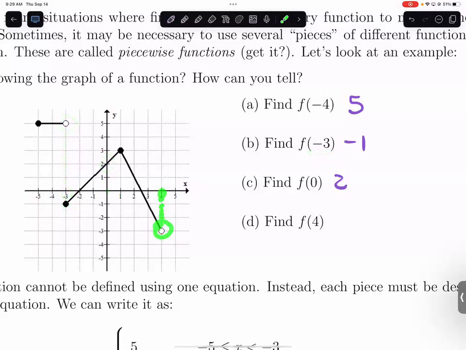Again, if I go stand at 4 and all I'm allowed to do is look straight up and straight down, that open point doesn't exist just under me at 4. I see it over there, but not the spot where I'm standing. If I'm trying to stand on the graph, I'm just going to fall at 4 because there's nothing actually there. That hollow circle, that open point, is there for our benefit. 3.99999 is fine. 4 is not. So f of 4 is undefined.